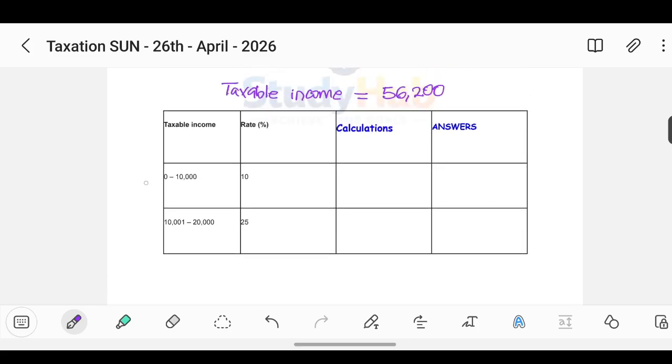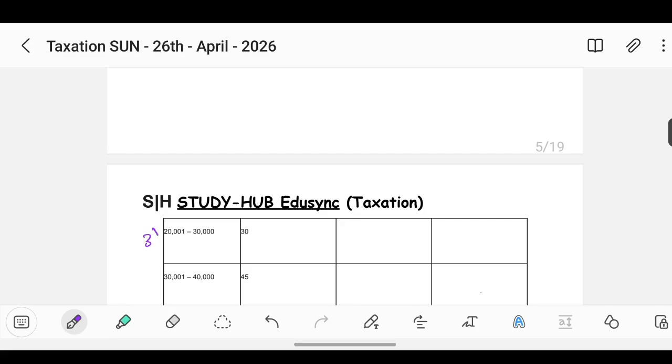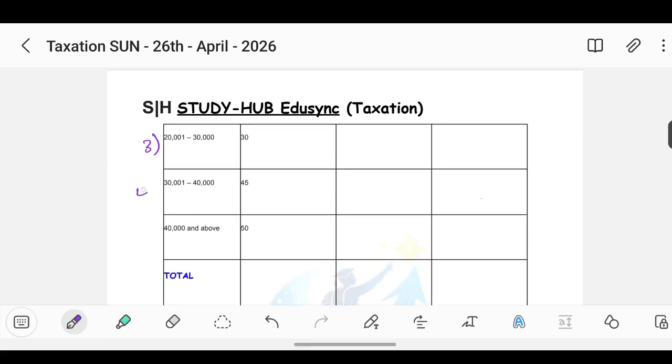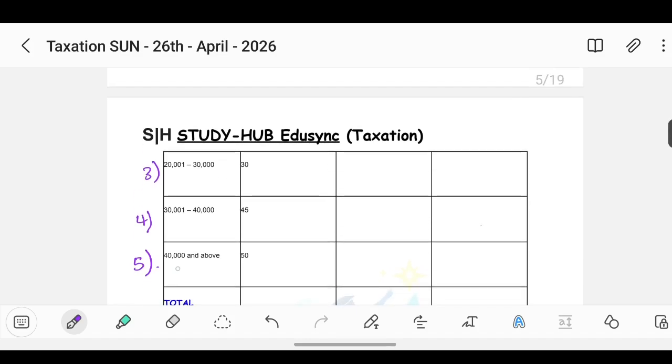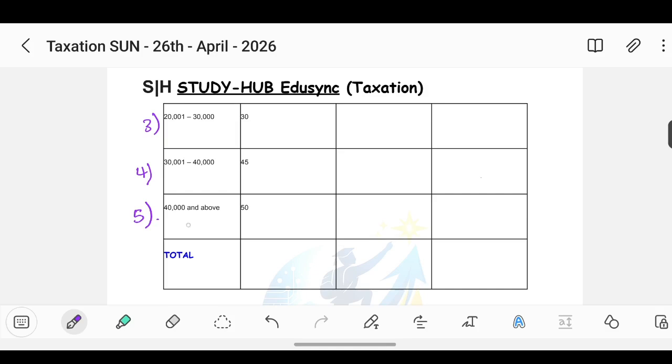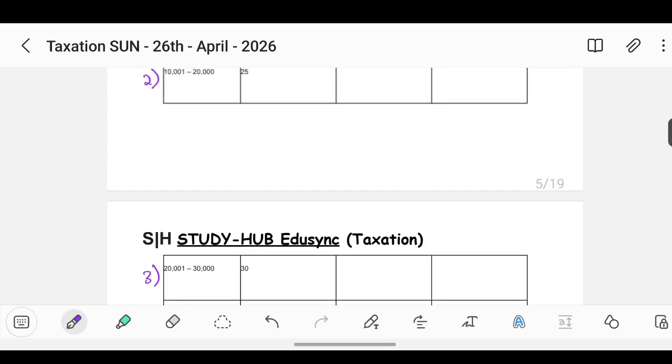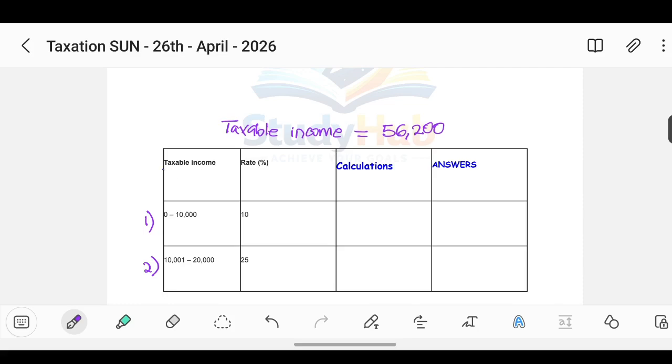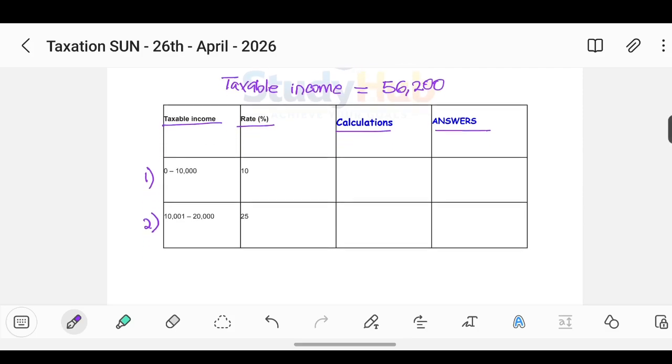According to row 1, row 2, 3, 4, and row 5, you find out that 56,200 lies in the last row. And this first column is for taxable income, the second column is for the rate, then the calculations and the answers there.